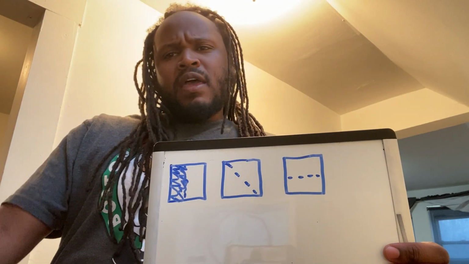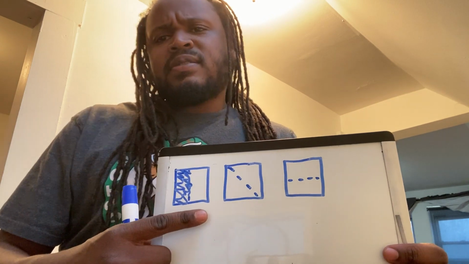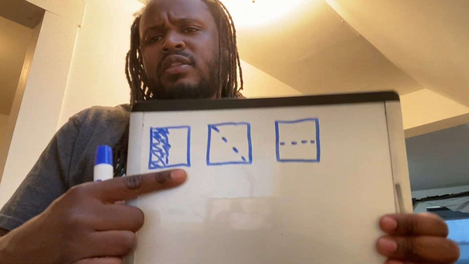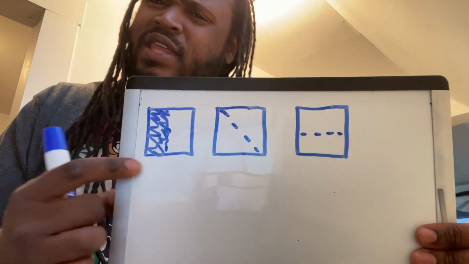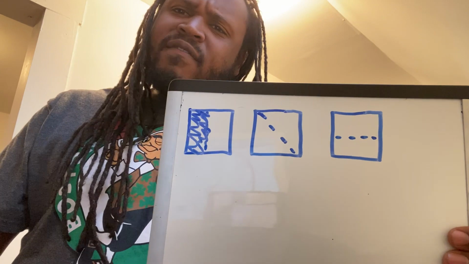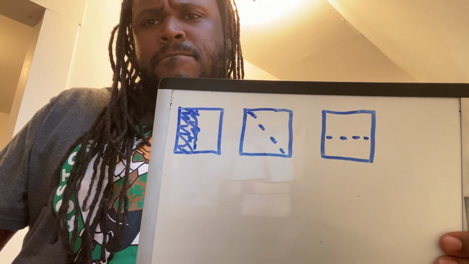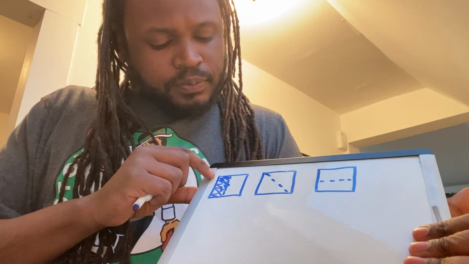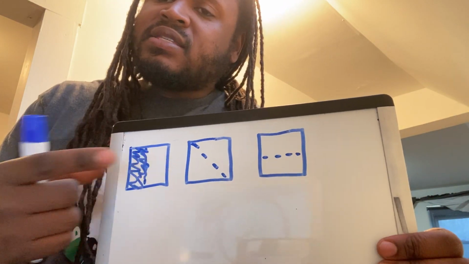Think about that. If I have the blue shaded part and my best friend has the white part, would that be fair? Do we have the same part? Yes, we do. This part is the same as this part.